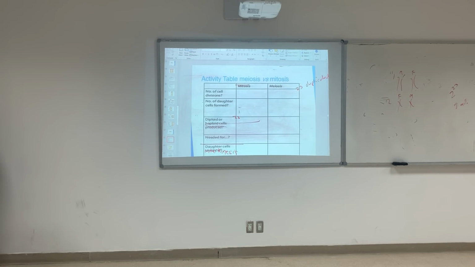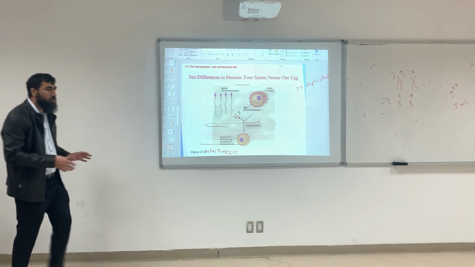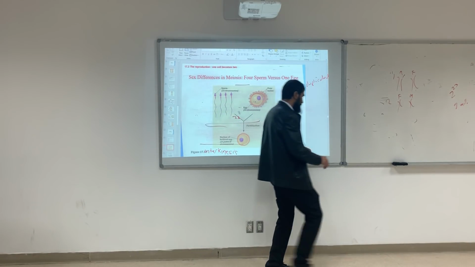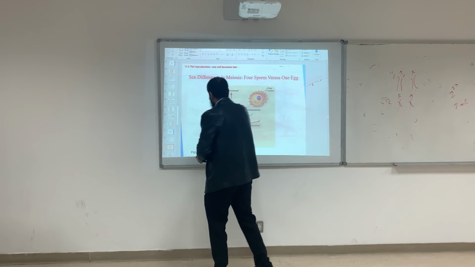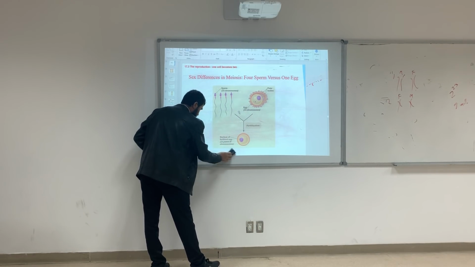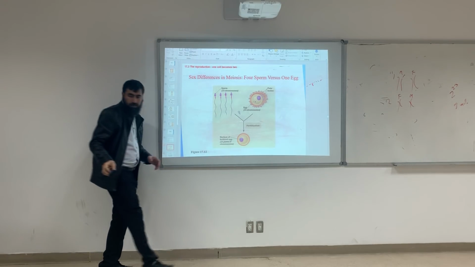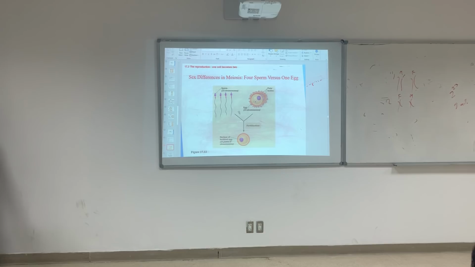Alright, let's get on to gametogenesis. Basically, we're talking about the formation of the gametes. In the sperm, we get 4 sperm compared to 1 functional ovum, 1 egg.